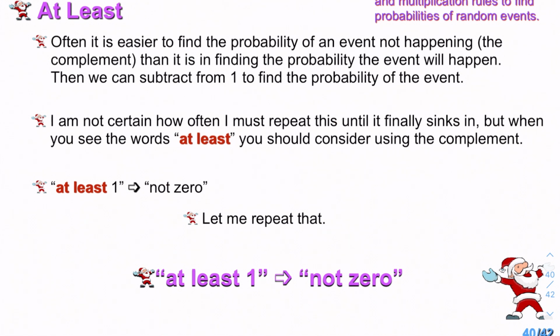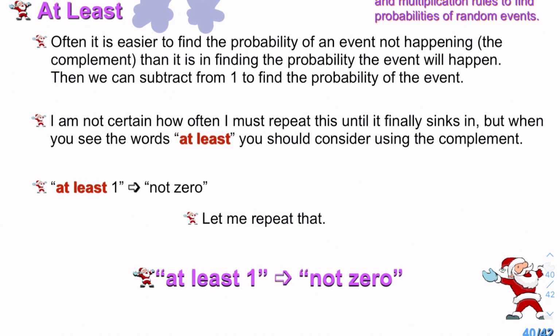The last thing I want to point out again. If you see at least, often it is easier to find the probability of an event not happening, which is the converse, or the complement, I should say, than it is in finding the probability the event will happen. Then we can subtract from 1 to find the probability of the event. That's how we find complements. I'm not certain how often I must repeat this until it finally sinks in.